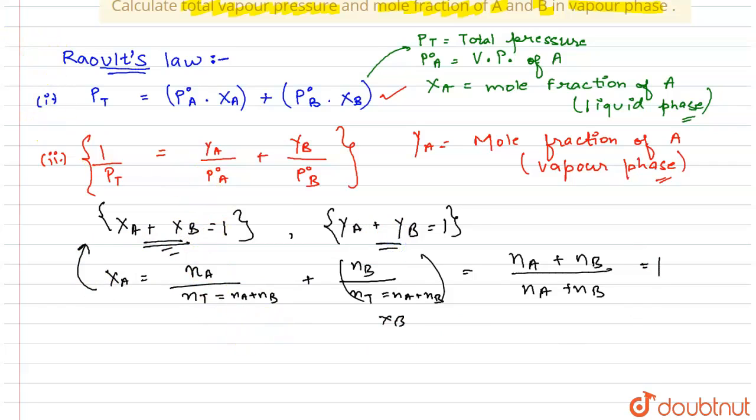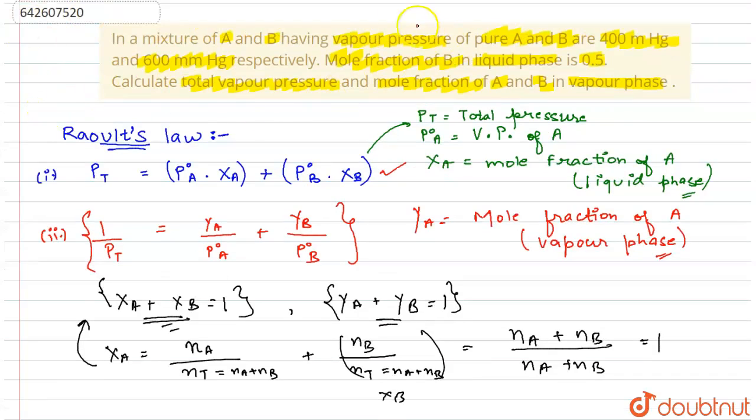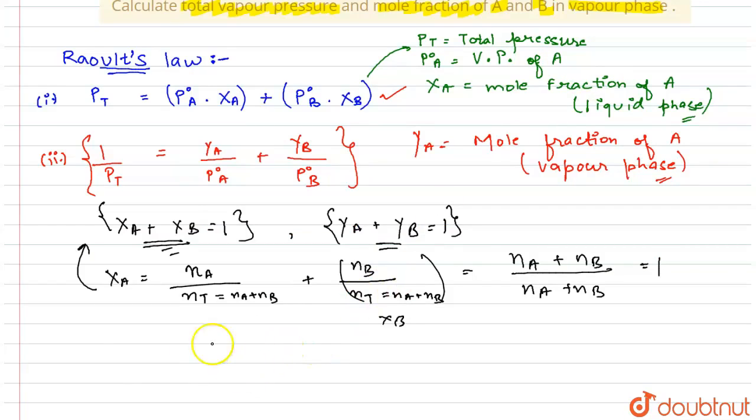Now if we see the data given in the question, P naught A is given as 400 mm of Hg, P naught B is given as 600 mm of Hg, and XB is given as 0.5. I'll write the data over here.